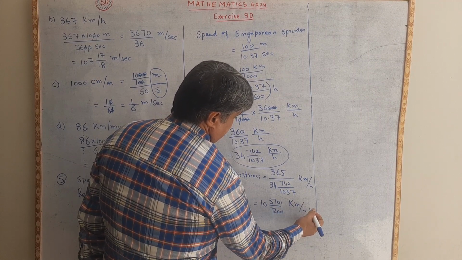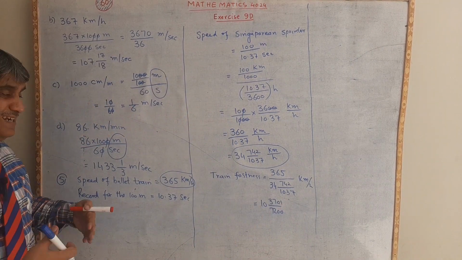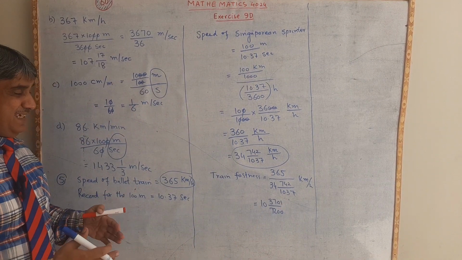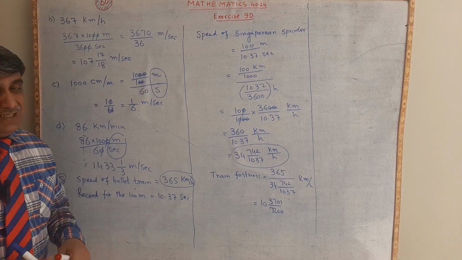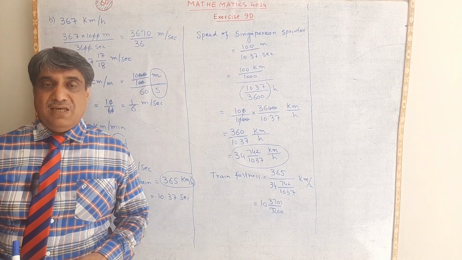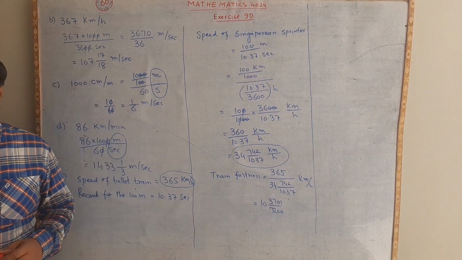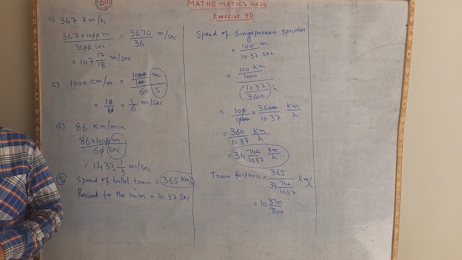It is a ratio, so 10 times something around will be the bullet train as fast as the fastest Singaporean sprinter.